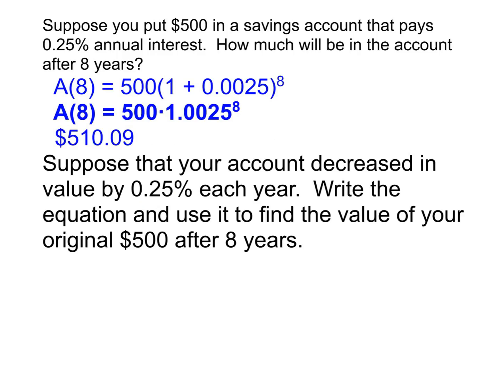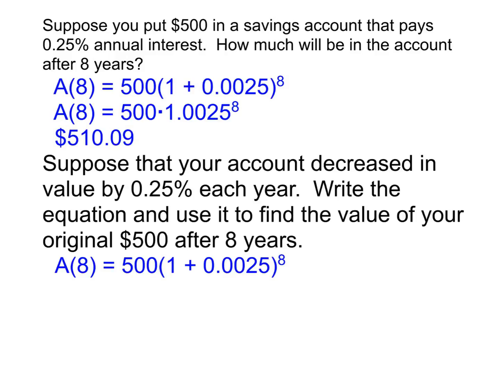All right, so now let's take a look at a variation of this. So now suppose that your account decreased in value by 0.25% each year. Write the equation and figure out how much there's going to be. By the way, if you're ever offered a savings account and the interest goes down every year, probably not a good account. All right, so how would we change it?